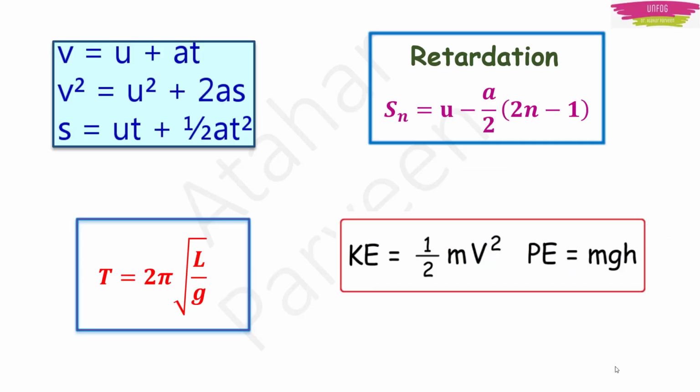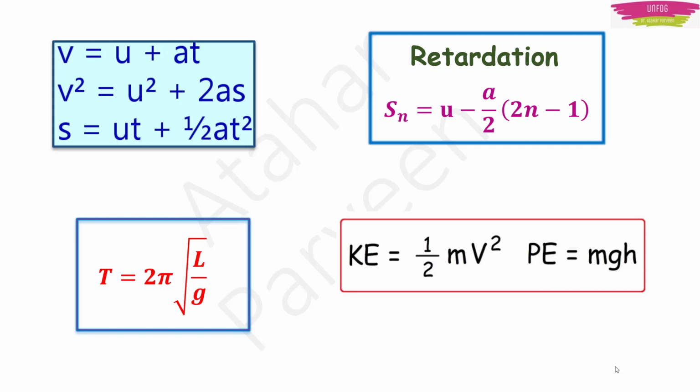Okay friends, I will stop the class here. Just for a quick summary, I have given the list of formulas here. I have given three equations of motion: v = u + at, v² = u² + 2as, and s = ut + ½at². Another formula is our retardation trick, where we can find the distance travelled by a body in the nth second, which is equal to u − (a/2)(2n − 1). And the time period for the pendulum, that formula I have also given here: T = 2π√(L/g).